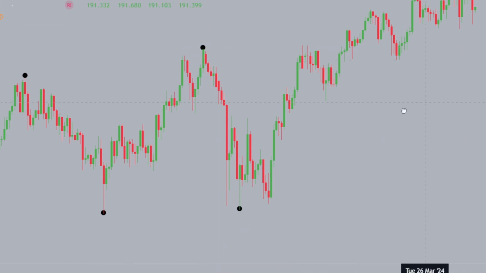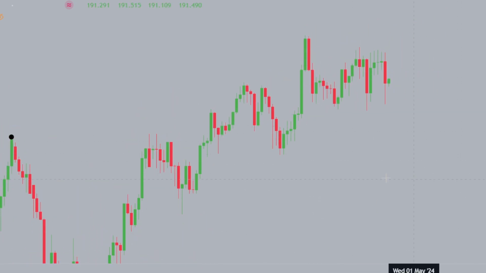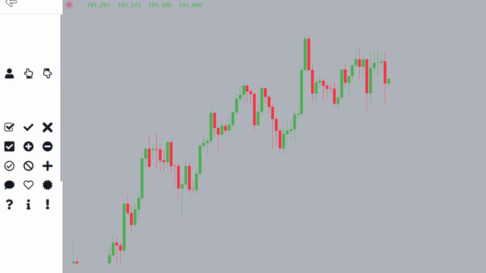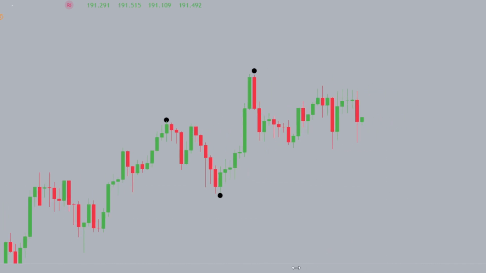Notice how we're having healthy correction in the market, and now we've had shallower correction. I still consider this to be structured. We have a high just over here, and we've broken this high with the body. So we have a high, a low, and now a high as well. This is how I'm currently looking at the GBPJPY market structure.